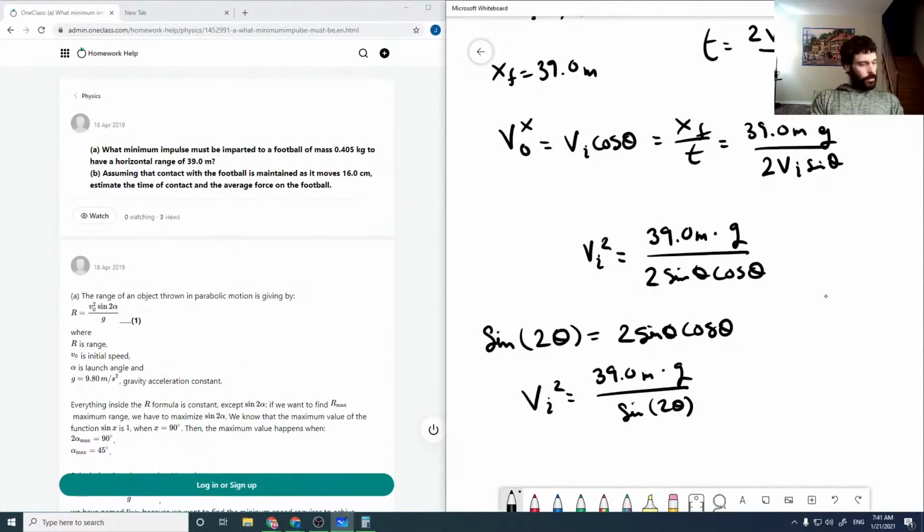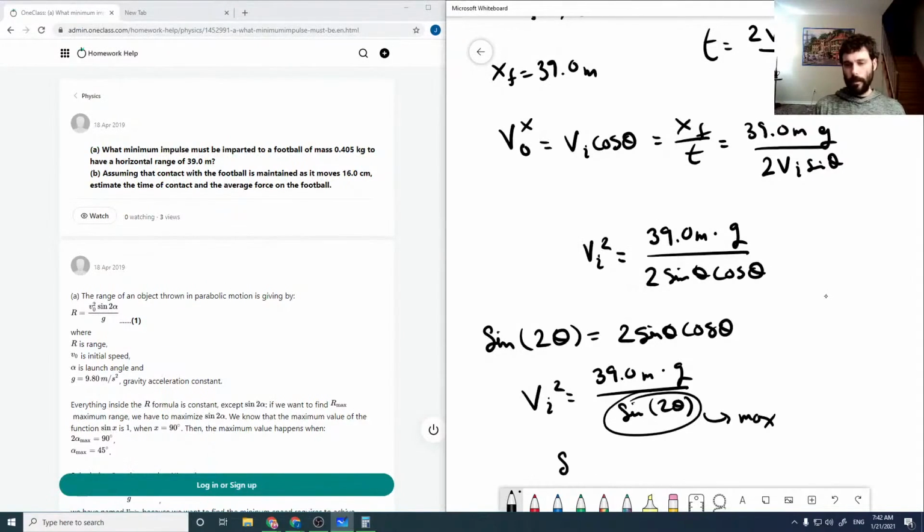Now if we look at this, we're trying to find our minimum impulse that will give us this distance. And so our minimum impulse is going to be where this is a maximum, because these are all constants.